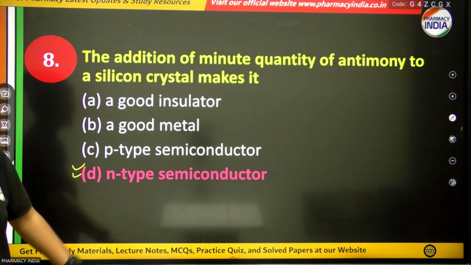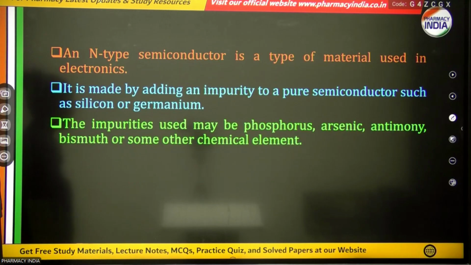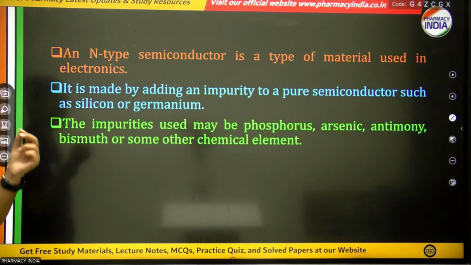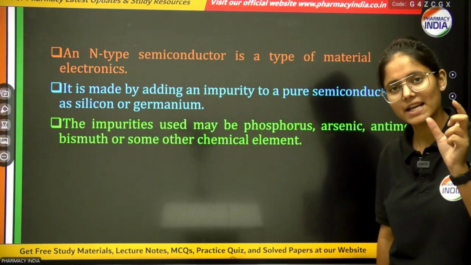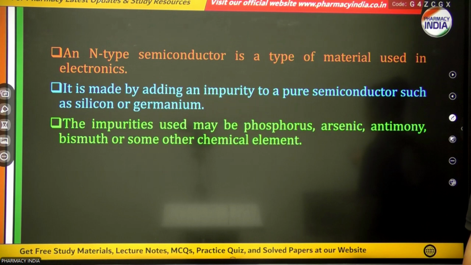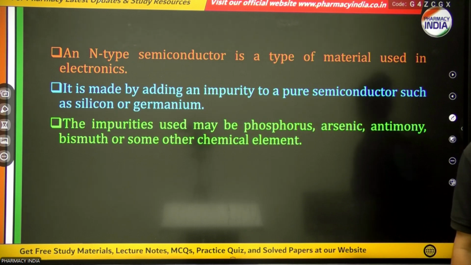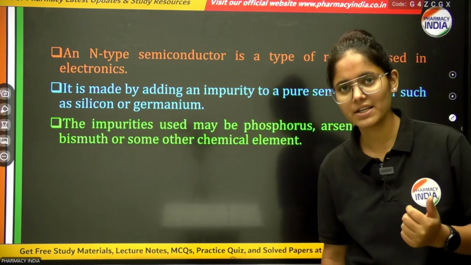What is the meaning of n-type semiconductor? Basically, an n-type semiconductor is a type of material that is used in electronics, like your phone's battery. Clear? It is made by adding an impurity to a pure semiconductor like silicon or germanium.